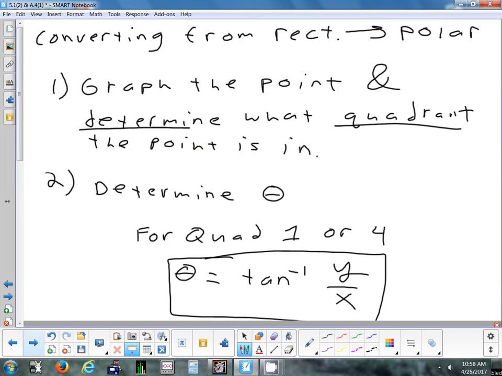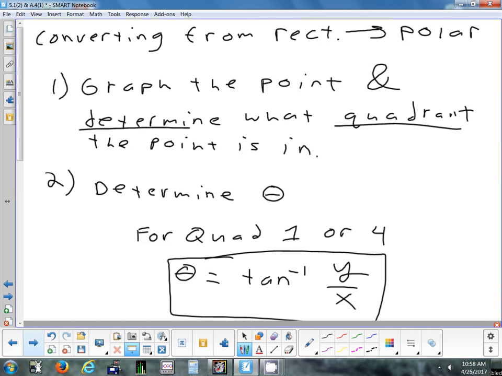If you're not in quadrant 1 or 4, we have to make an adjustment to it. Just a small change. So that's why step 1 is to figure out your quadrant.